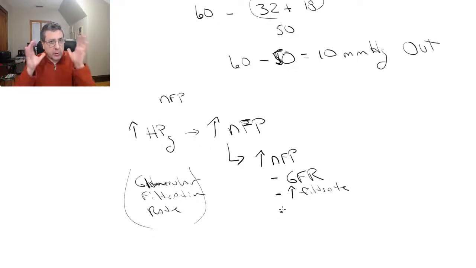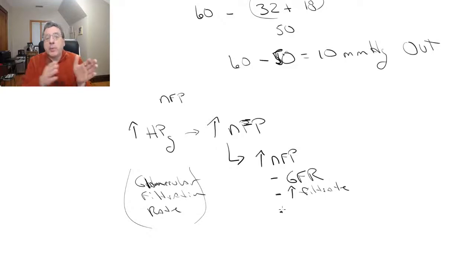Can you visualize that? If I have more water coming this way, that's going to be pushing all the other stuff through as well. It's not stagnant, in other words. So if you have more fluid flowing through the tubule system, then you are going to create more urine.